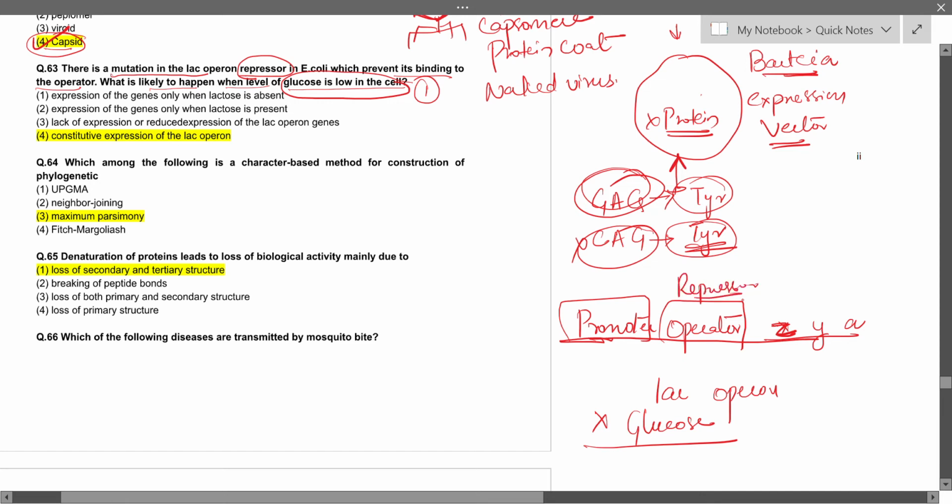So what will happen here? RNA polymerase can bind, but it cannot transcribe these genes, right?